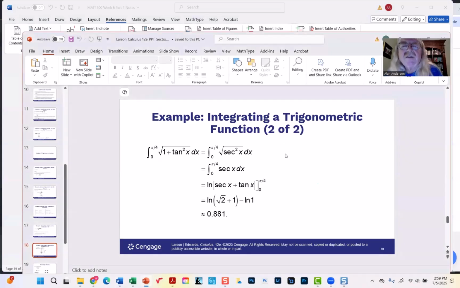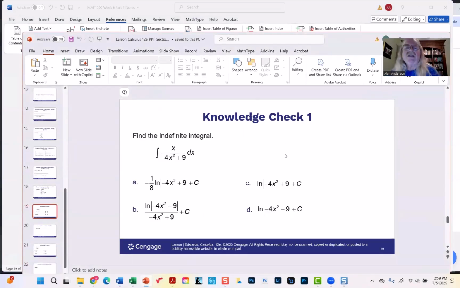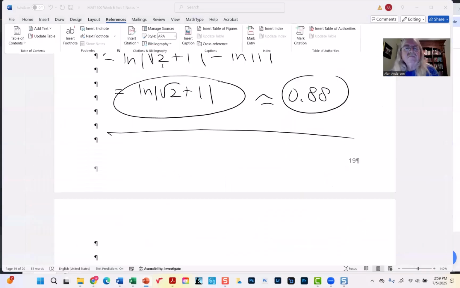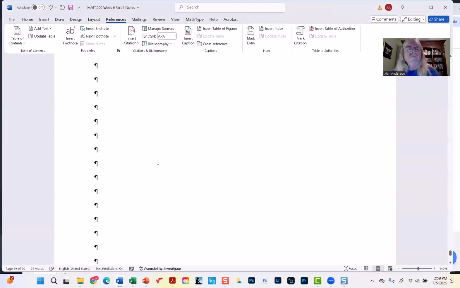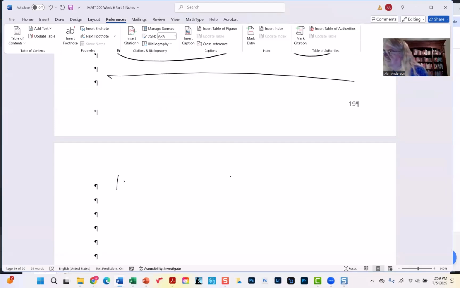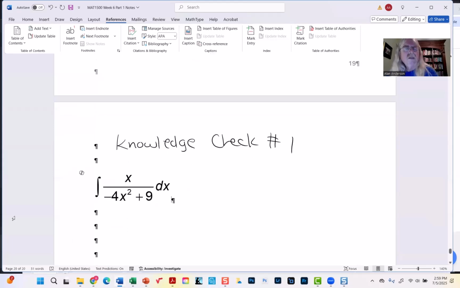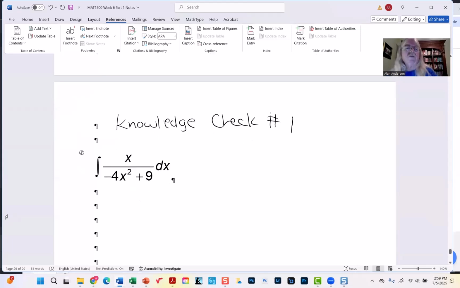What else do they have for us here? There's so much going on. Knowledge check. Here we go. So let's see what we can do with this one. All right, so why don't we try using substitution for this one?